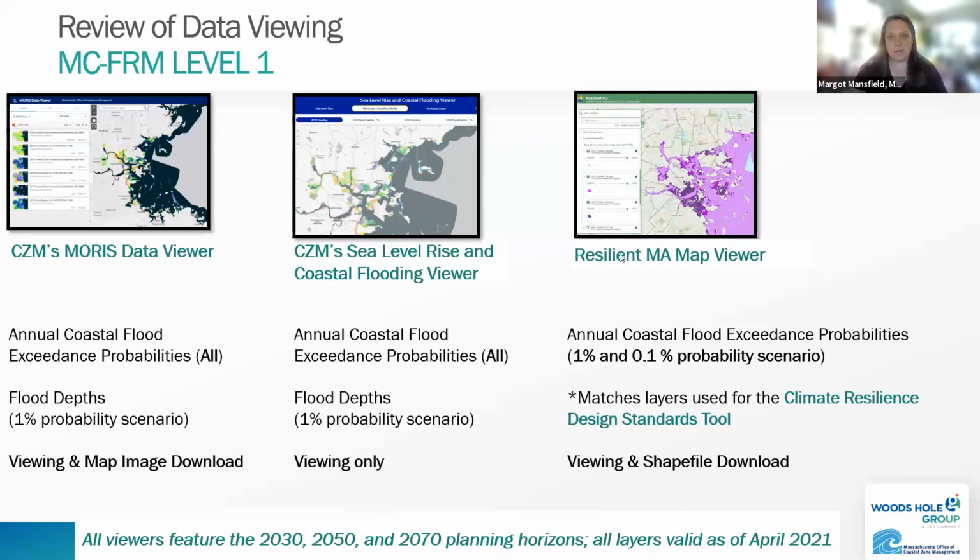For true data download, you'll have to visit the forthcoming download page on Woods Hole Group's website that Kirk is going to touch on in a moment. All of these level 1 MC-FRM layers reflect the model version as of April 2021 and are provided for the future planning years of 2030, 2050, and 2070. Next slide.